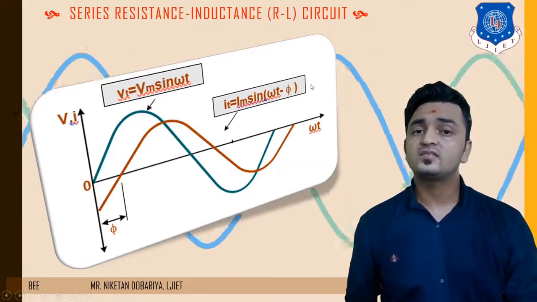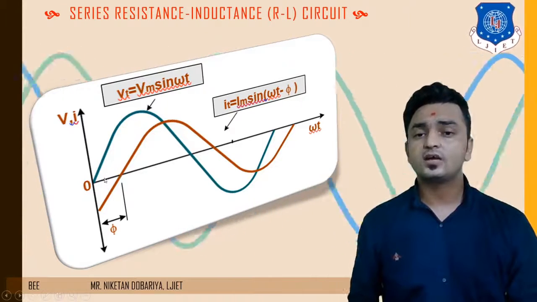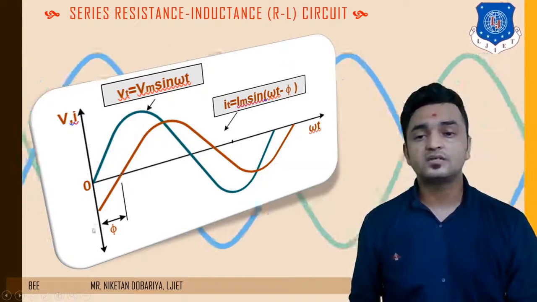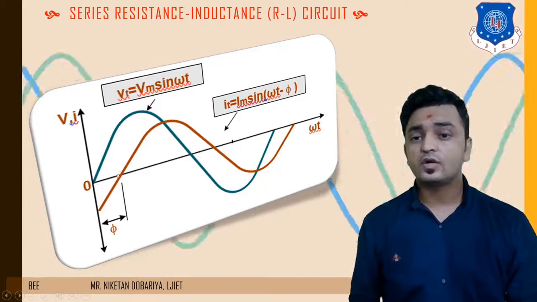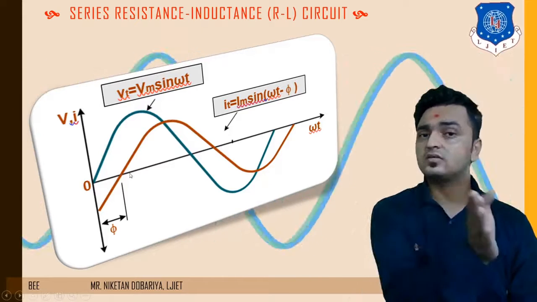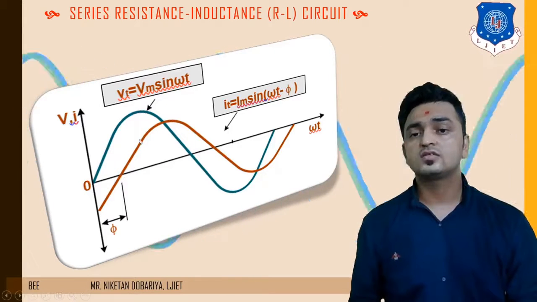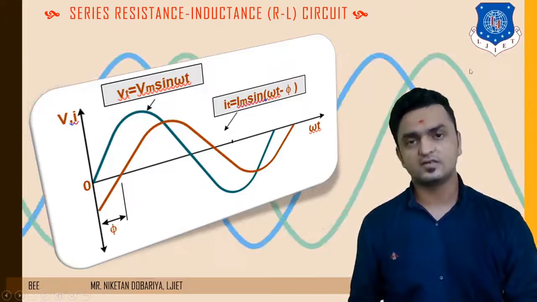So this waveform will start after 0 at phi degree. So 0 is over here, and the positive cycle of this current is starting at this phi degree after 0. So this is the waveform of current and voltage for the RL series circuit.